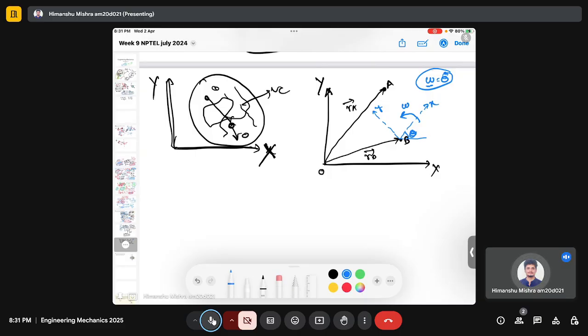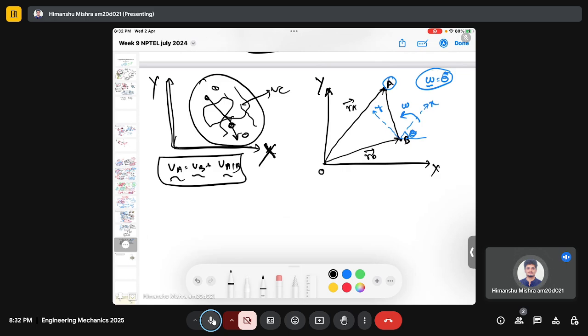So what you are doing now, you want to analyze this point's motion in the rotating frame of coordinates. So for this, as usual, the equation we derived and used in the previous class and at the beginning, we used to solve many problems.